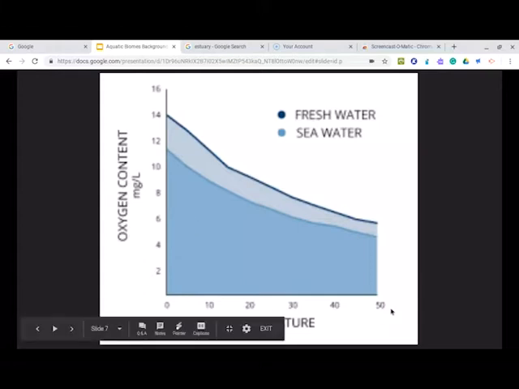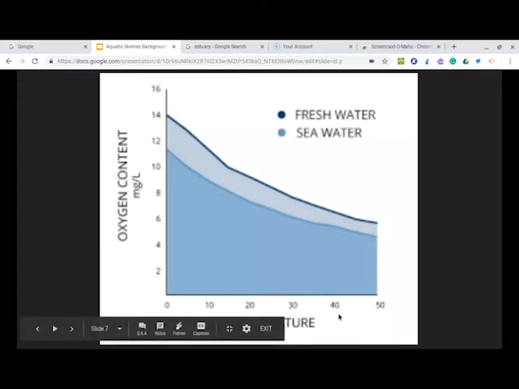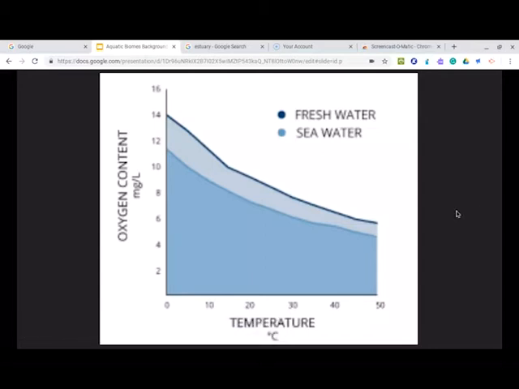Temperature is also something that most fish are very sensitive to. There's a certain range they can live in. If you go fishing, there's certain areas of a river that are going to be cooler than others, and you might have different fish living in that area. So just keep in mind, with a cooler temperature, you're going to get more oxygen in that water.